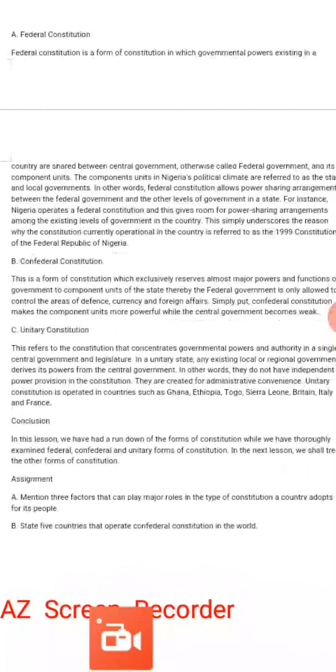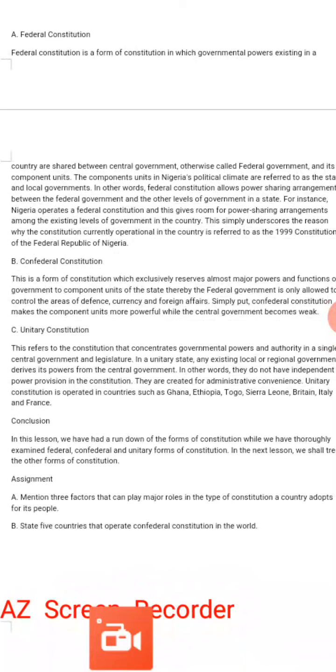The component units in Nigeria's political atmosphere are referred to as the state and local government. In other words, federal constitution allows power sharing arrangements between the federal government and the other levels of government in a state.